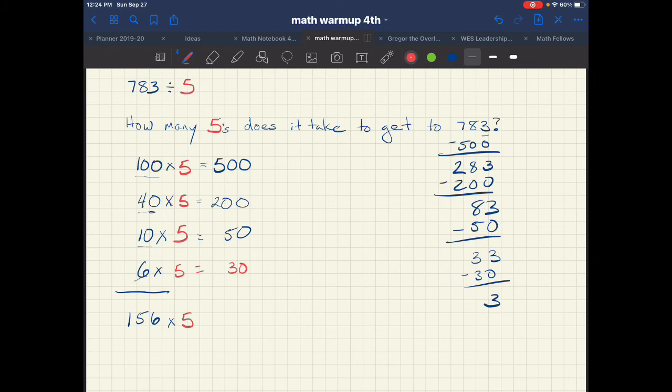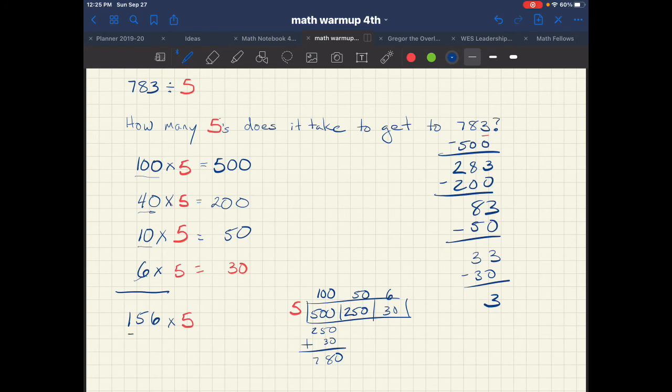So we're trying to figure out how many fives, and we said 100 fives, a total of 50, and 6 fives. 5 times 6 is 30. 5 times 50 is 250. And that's 500. And if I add all this up, 500 plus 250 plus 30 gives me 780.